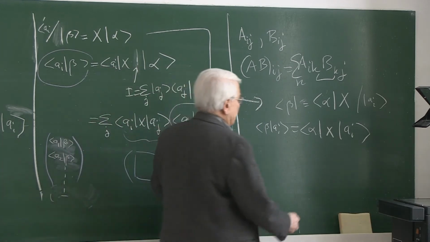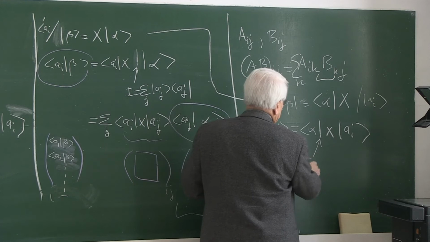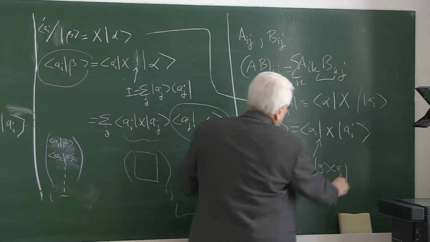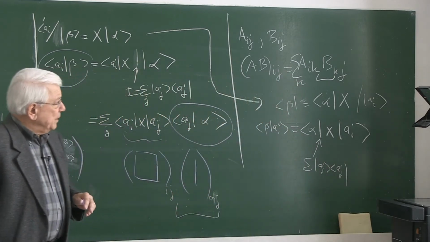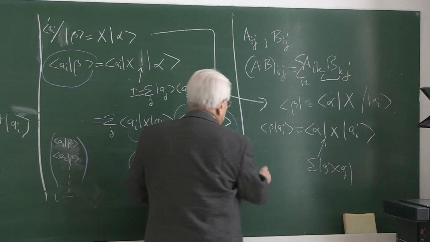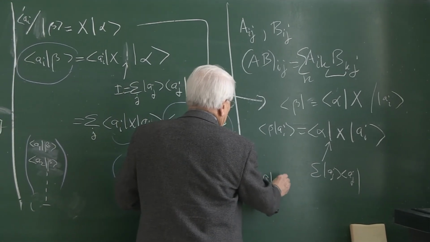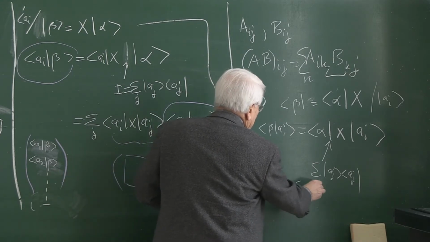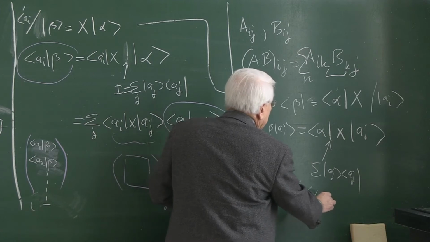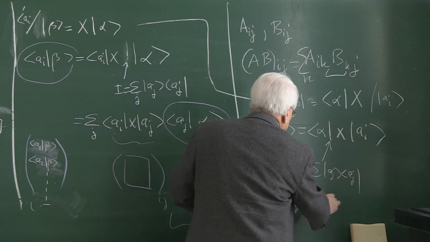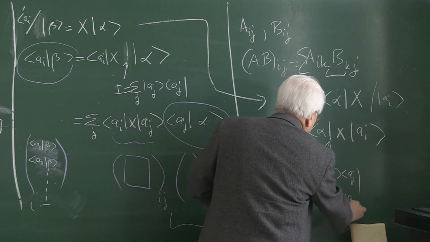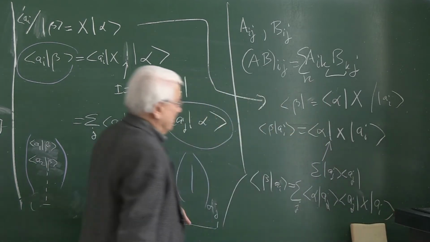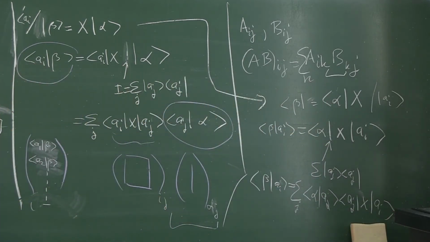Again, as before, insert here, at that position, an identity, which is nothing but the completeness relation of the Hermitian operator. And then you get the desired relationship: beta a_i is a_i, j alpha a_j x a_i. Okay.